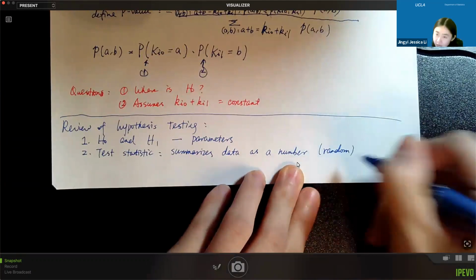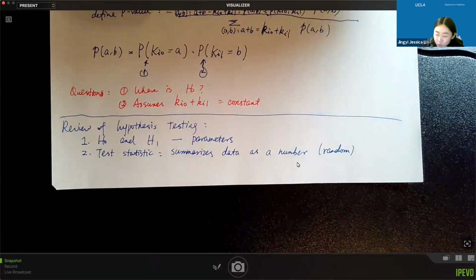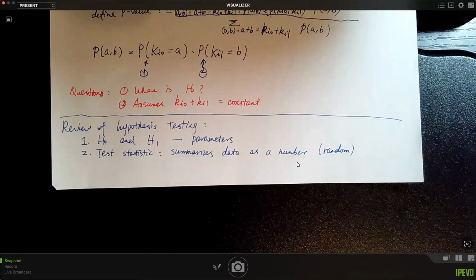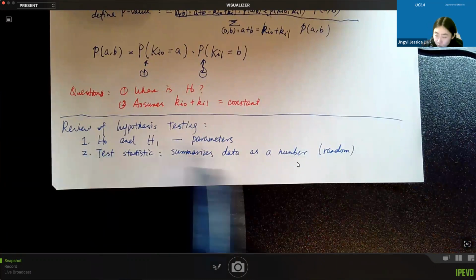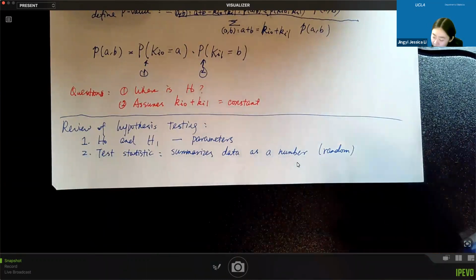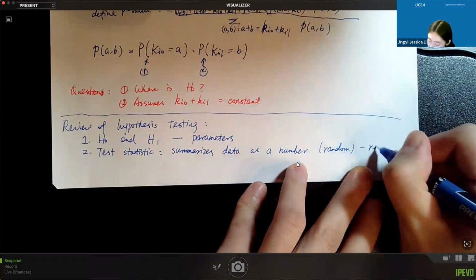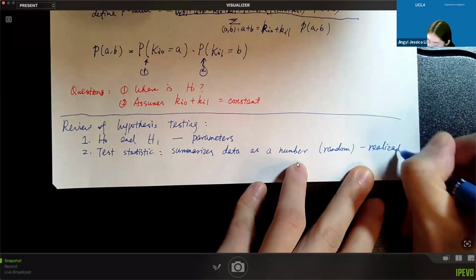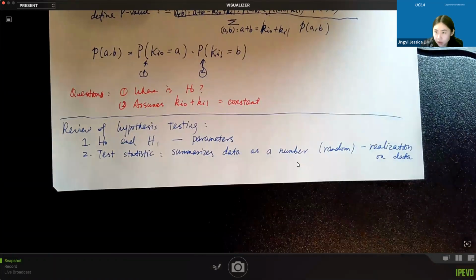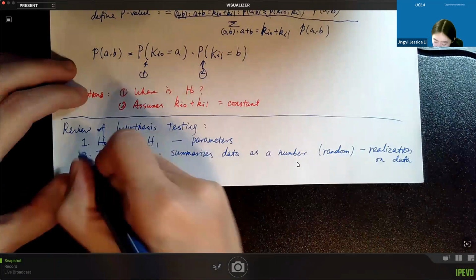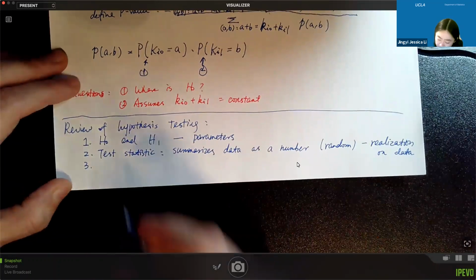The randomness comes from the repeated sampling we assume in our mind, right? We are assuming our data is only one of the many infinite number of possible samples, and we only observe one sample. That's our data. So that's why this test statistic is random, and we have a realization. The realization is on our particular data set. That's the second thing. And the third thing we need is to derive the distribution.